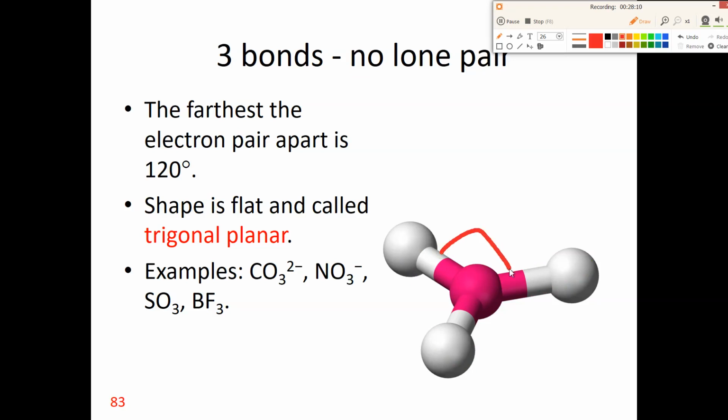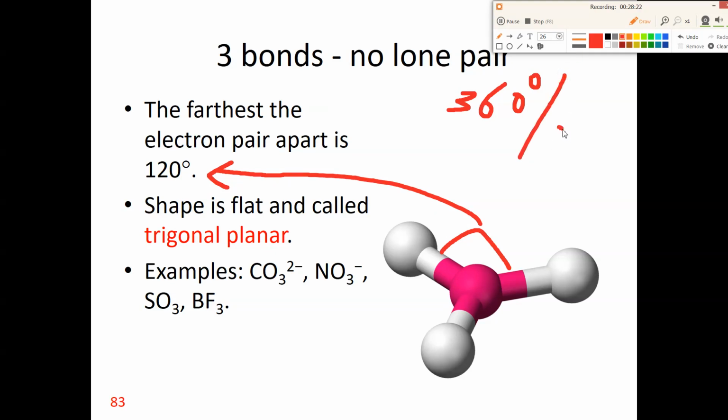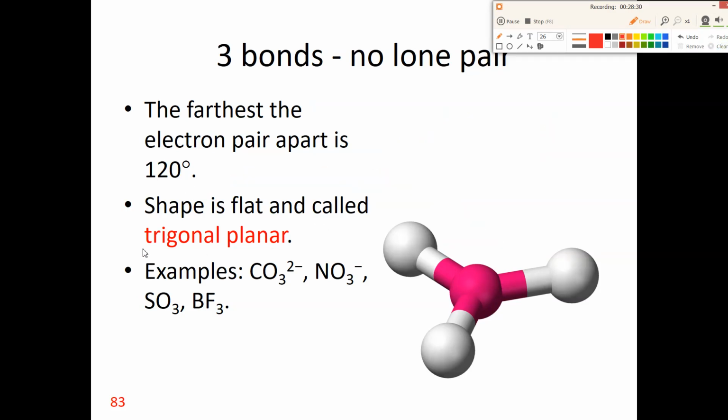So this bond angle is going to be 120 degrees, because a full circle is 360 degrees, and we divide by three portions, so we get 120 degrees. It's called trigonal planar because the overall structure is planar and a triangle.